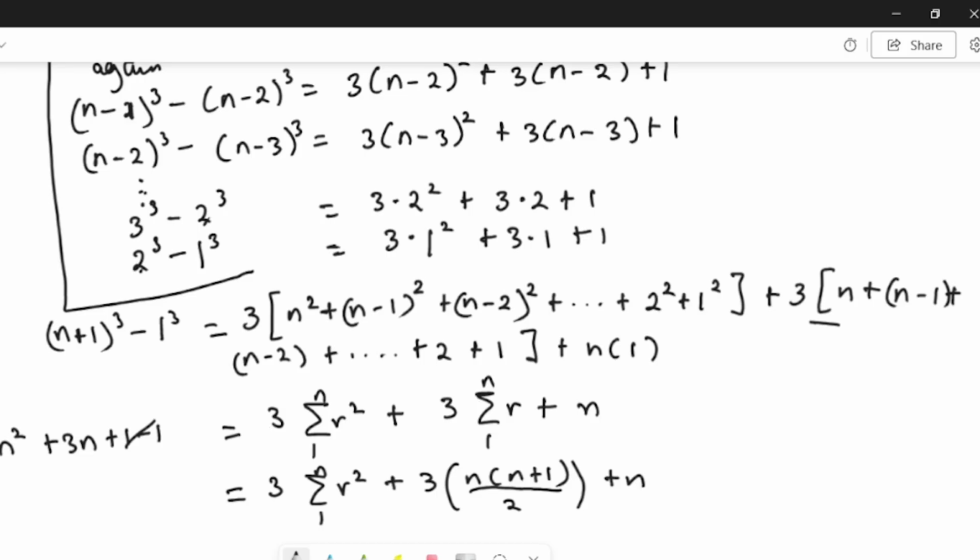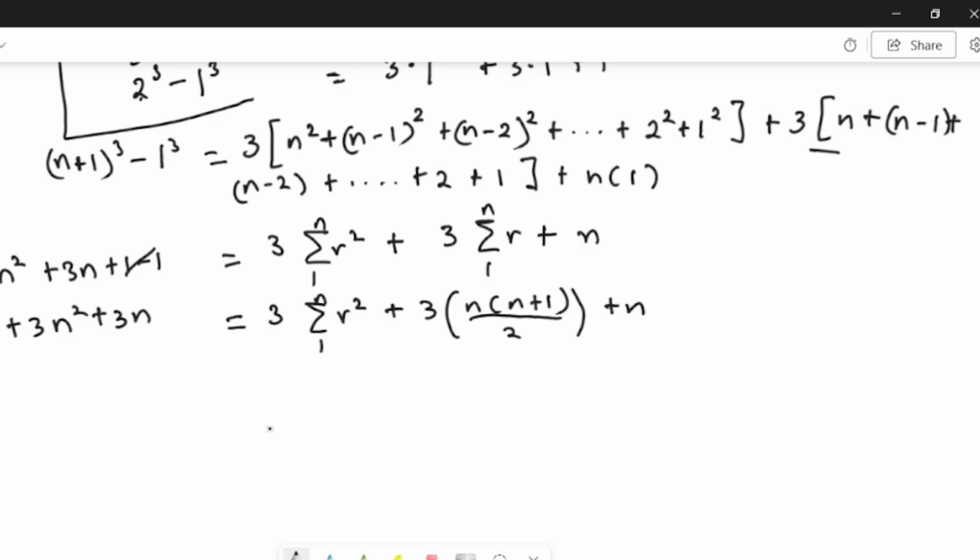This is equal to n cubed plus 3n squared plus 3n. But now we have to make whatever we want here the subject. So we're going to multiply through by 2 to remove this fraction here. Now we are multiplying everything by 2. On the other hand, we are also multiplying by 2.